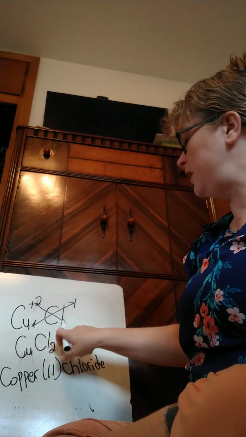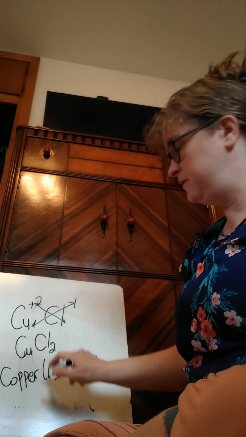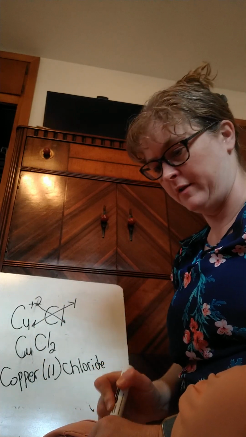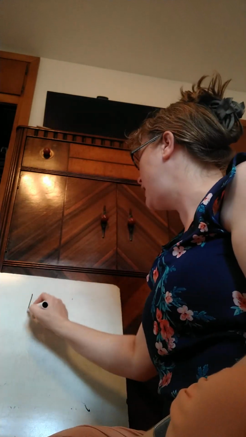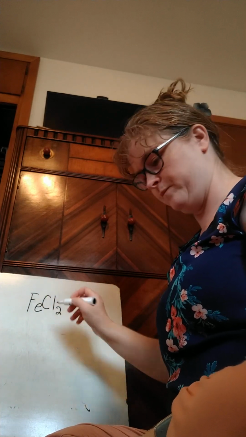It's a little tricky when you're going from this to writing the name because you have to look here to see what charge copper had. Kind of go backwards to see what charge copper had. So we have the example in your notes of Fe, which is iron, Cl2.